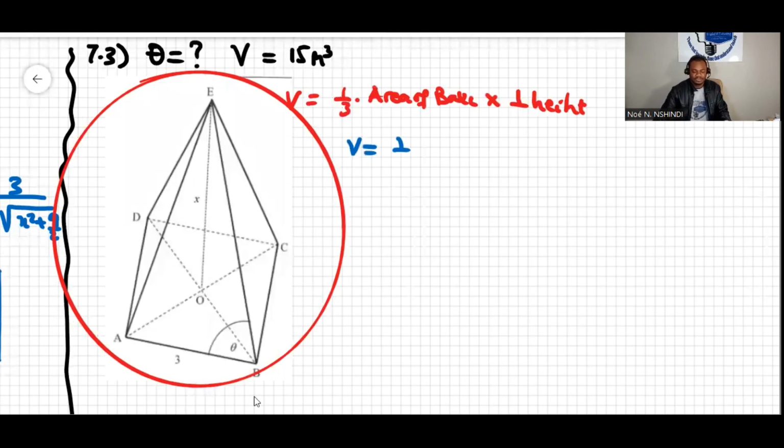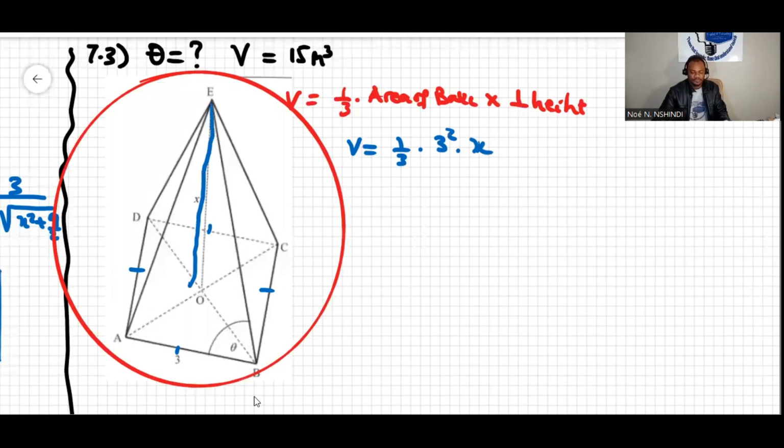So in other words, the volume will be 1/3 times the area of the base. The base is a square, because 3 there and 3 there, so we're going to say 3 to the power of 2, times the perpendicular height, which is x.